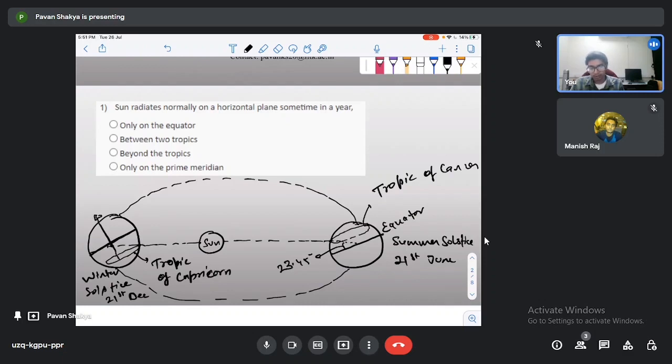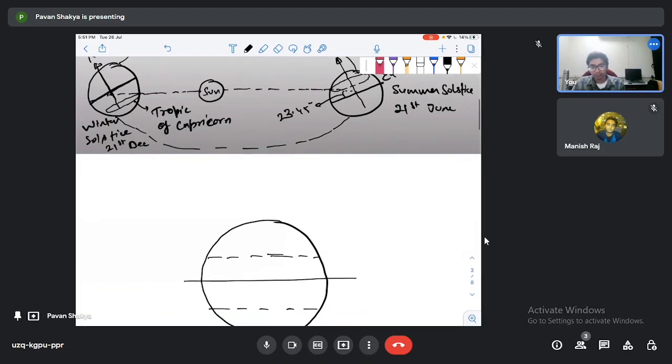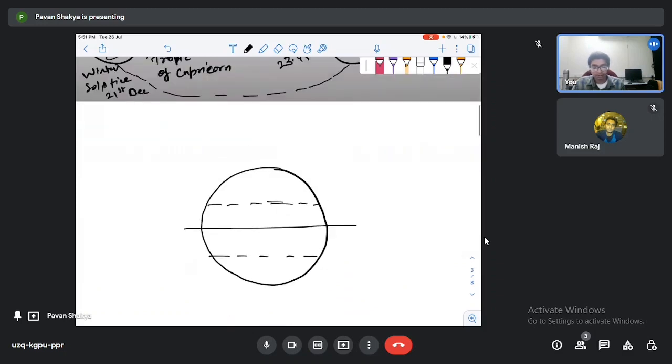This represents the normal of this equator plane. If we summarize this figure in a small figure, then this one is the equator plane, this one is Tropic of Cancer, and this one is Tropic of Capricorn.